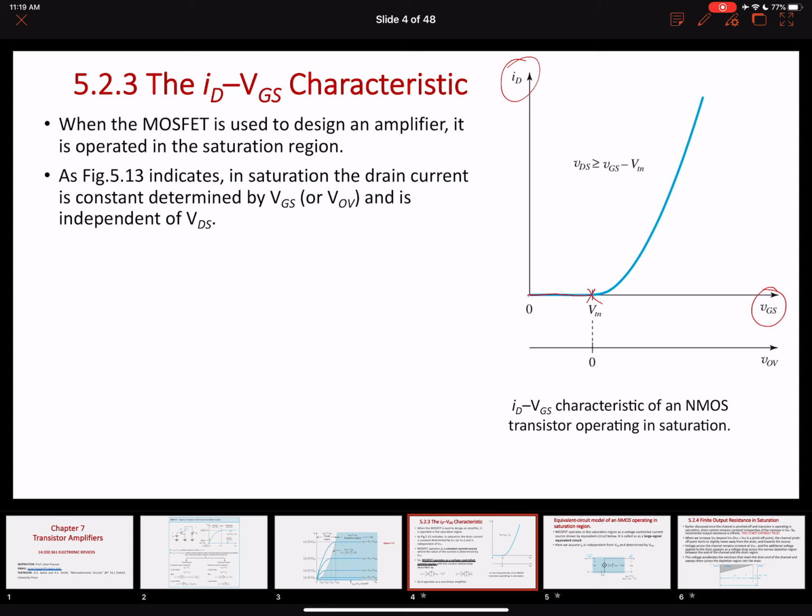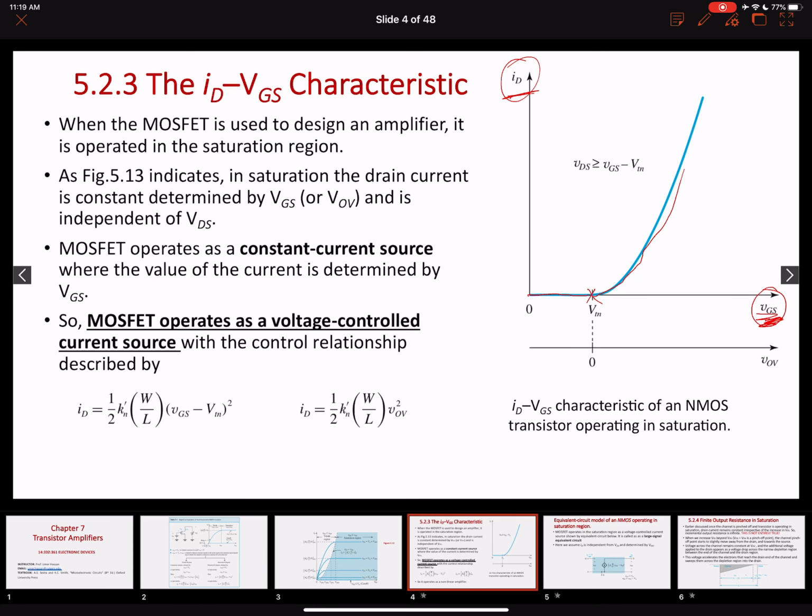As soon as it is greater than the threshold voltage, we saw a square law relationship between the drain current and gate to source voltage, which can be shown by this equation or this equation, right? So here is the output drain current, here is your input gate to source voltage, and we see that the drain current increases by the square of the input gate to source voltage.